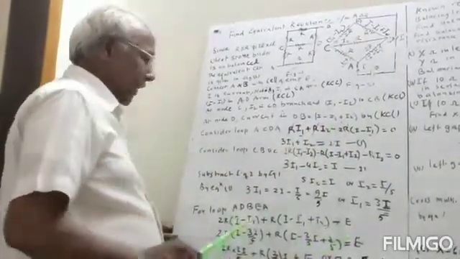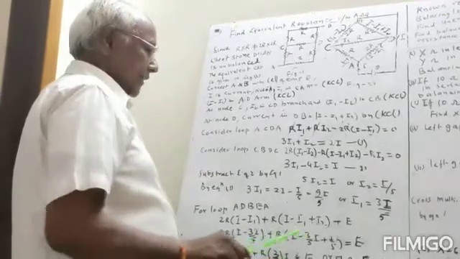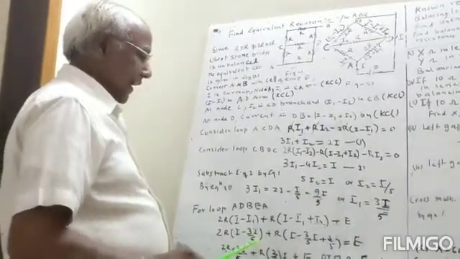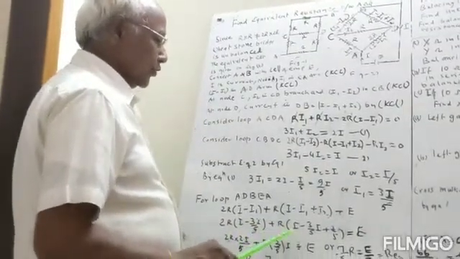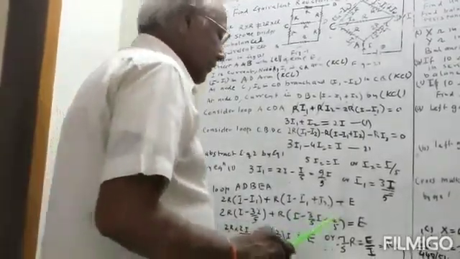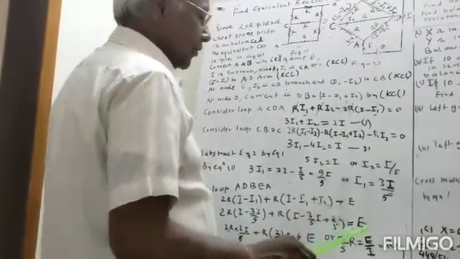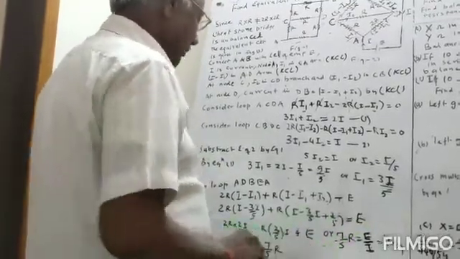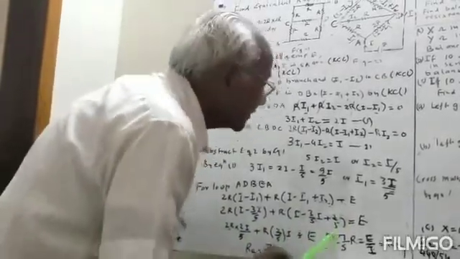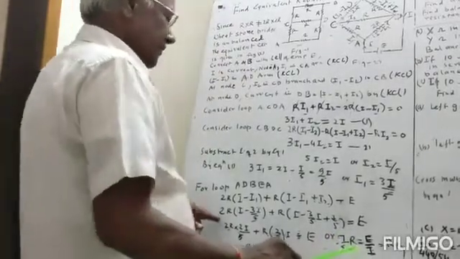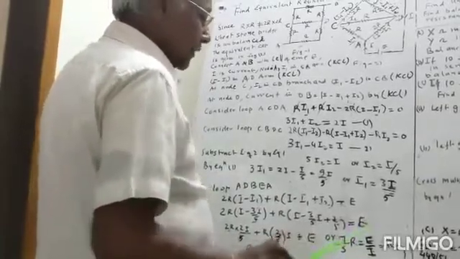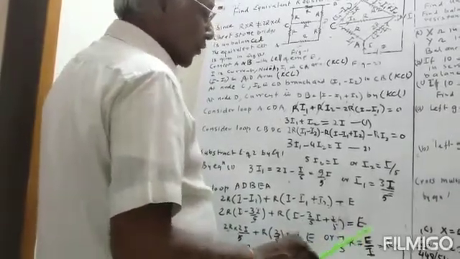Now we substitute the values of I1 and I2 in this expression. So 2R (I minus 3/5 I) plus R (I minus 3/5 I plus I/5) is equal to E. If we solve it, we get 7/5 R into I is equal to E, so 7/5 R is equal to E/I.